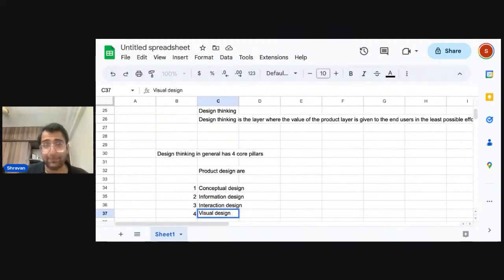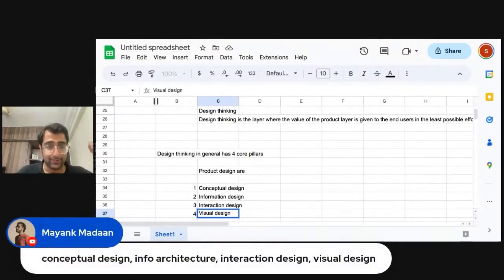Right? Absolutely. These are the four pillars: conceptual design, information architecture or information design, whatever you want to call it, interaction design, and visual design.